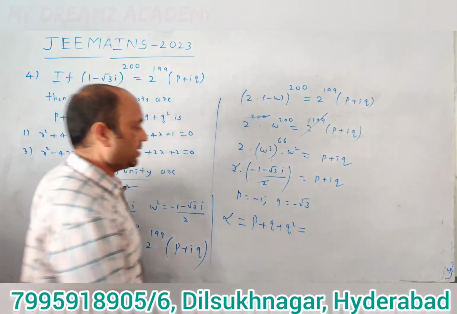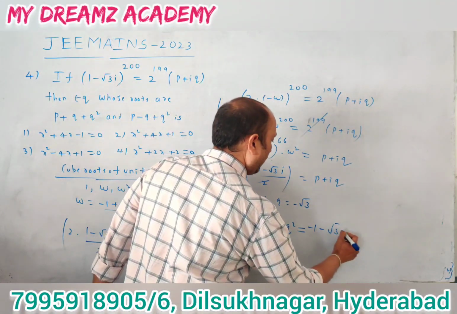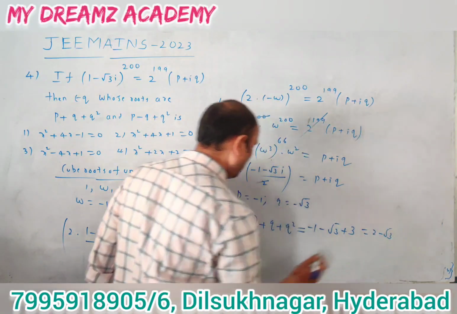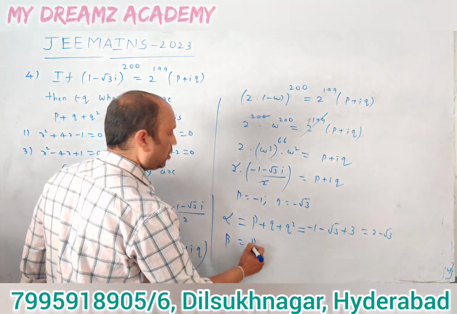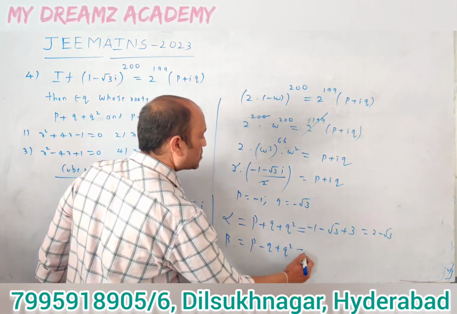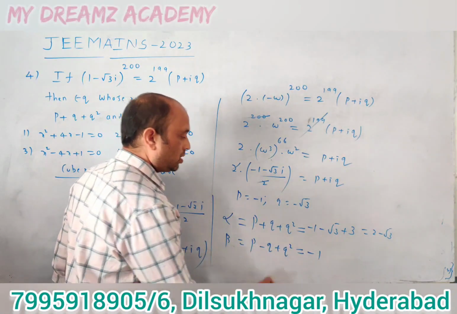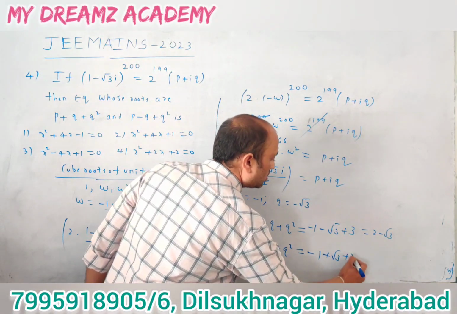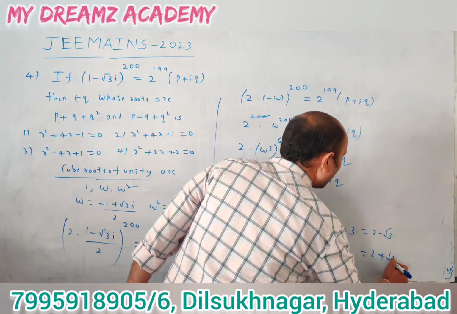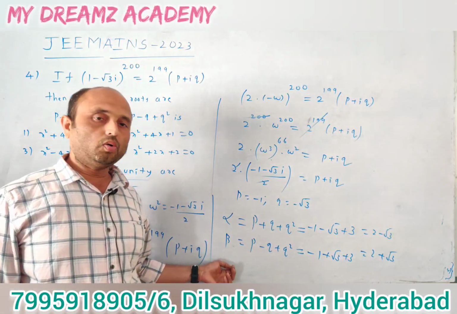P means minus 1 plus q, minus root 3, plus q square, that is equal to 2 minus root 3. Beta equal to p minus q plus q square. So p is minus 1, q is plus root 3, so that is 2 plus root 3. Alpha equals 2 minus root 3, beta equals 2 plus root 3.